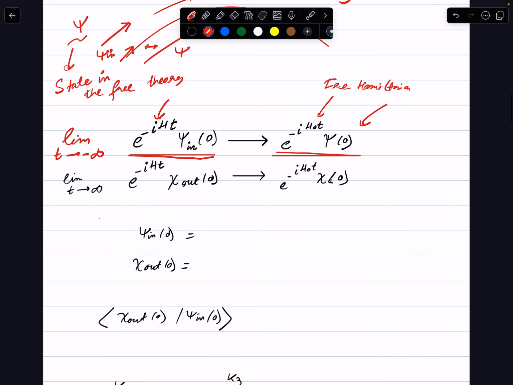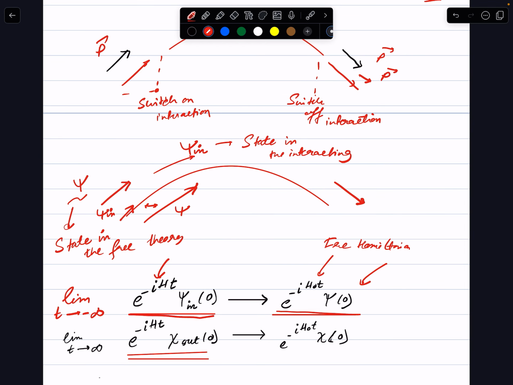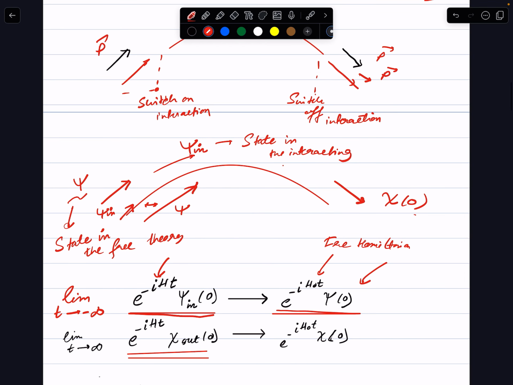And similarly there will be something for the far future also, and there we call it some out state. So some out state in the far future looks like psi 0, and some interacting state will approach that state in the far future, which I call psi out.